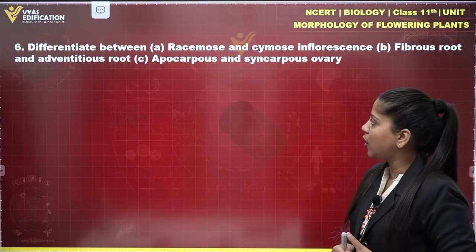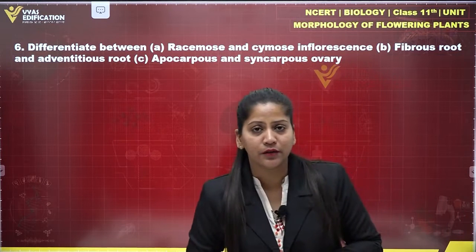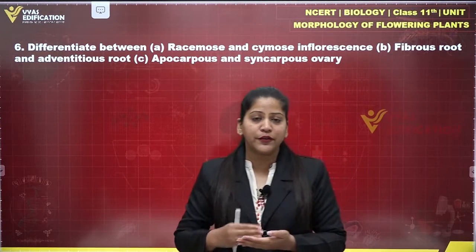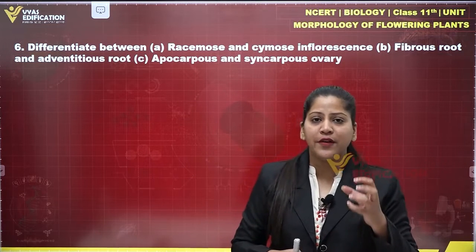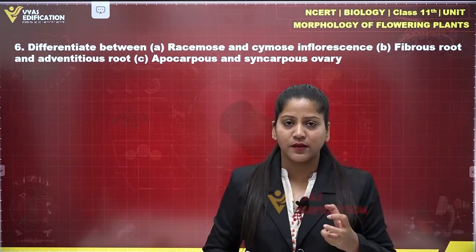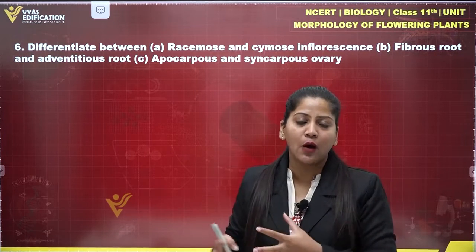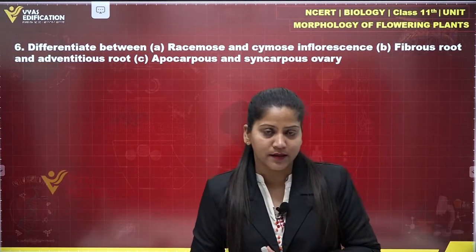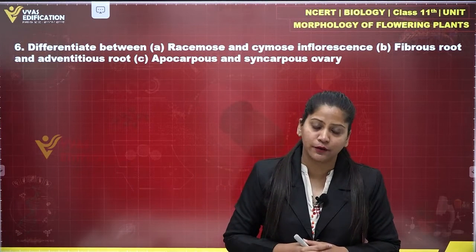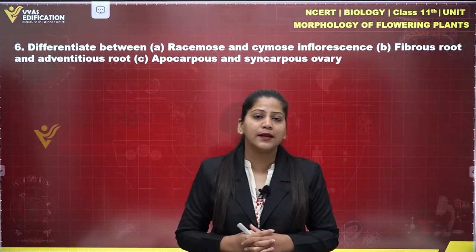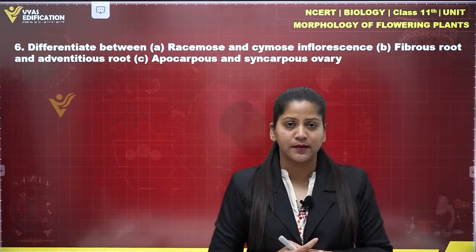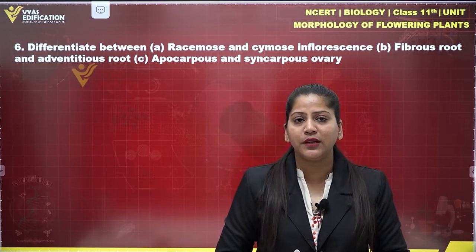So first, if we talk about the racemose and cymose inflorescence, before differentiating these two terms, we have to know what is inflorescence. The arrangement of flowers is known as inflorescence. We have two basic types of inflorescence, that is racemose and cymose. Now we have to differentiate between these two.